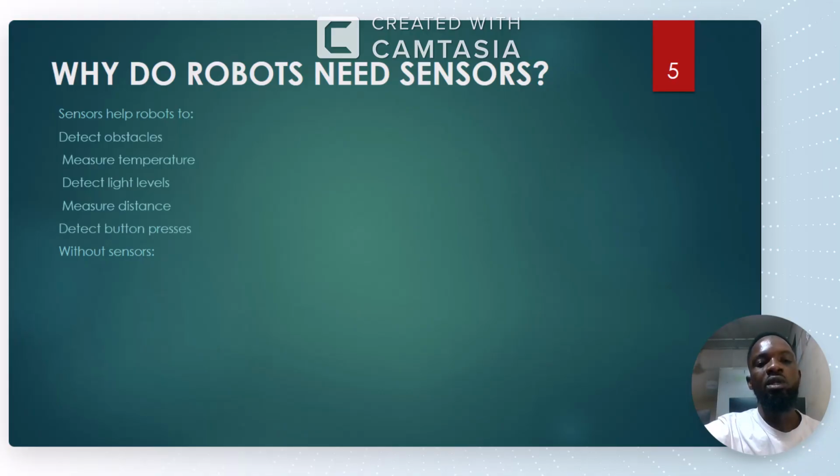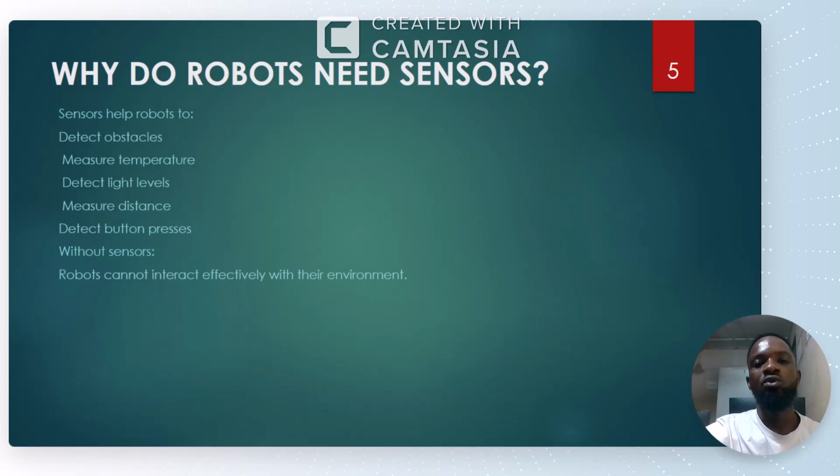So the next one is to detect button presses. Is that okay? So there are instances where we have buttons we press and then a robot can actually respond to that. Now, without sensors, robots cannot interact effectively with their environment.